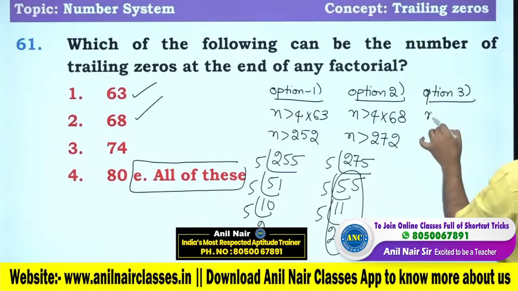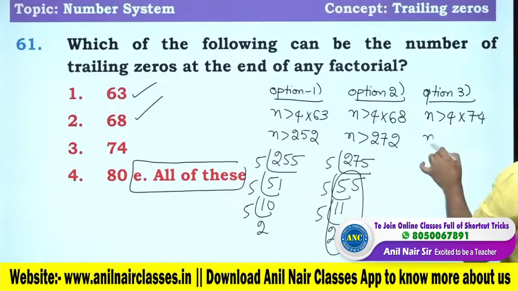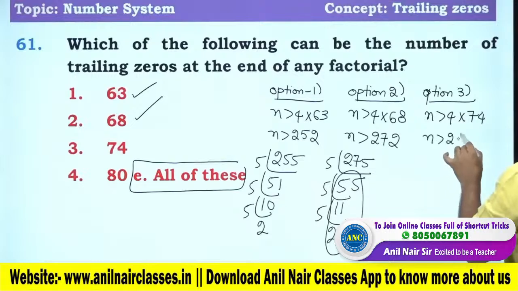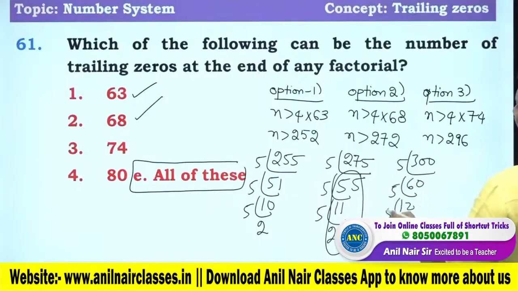N is greater than 4x. 4 into 74, so this will be 296. What is the multiple of 5 greater than 296? 300: 60, 12, and 2, so 74. It is also possible. Option 4 is 80.